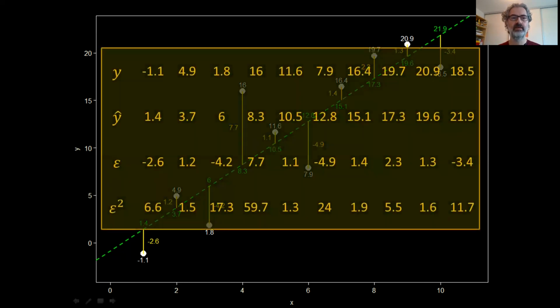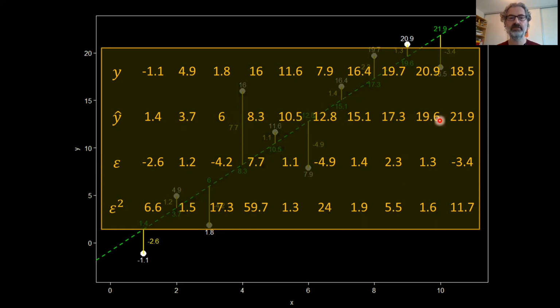And here we can make a table. In the first row, we see the actual values of our data points. These are our measured values for y. On the second row, these are the predicted values, so the estimates based on this green line.